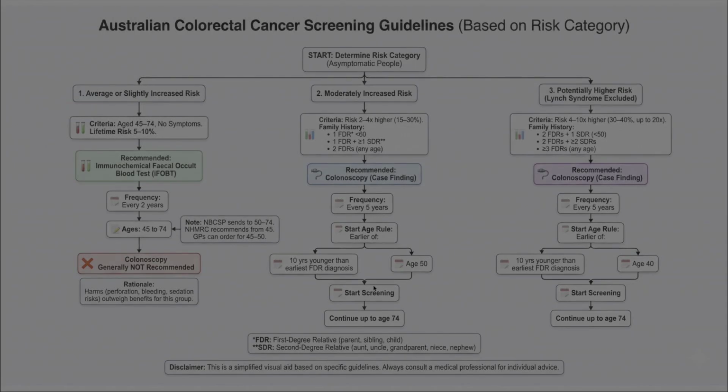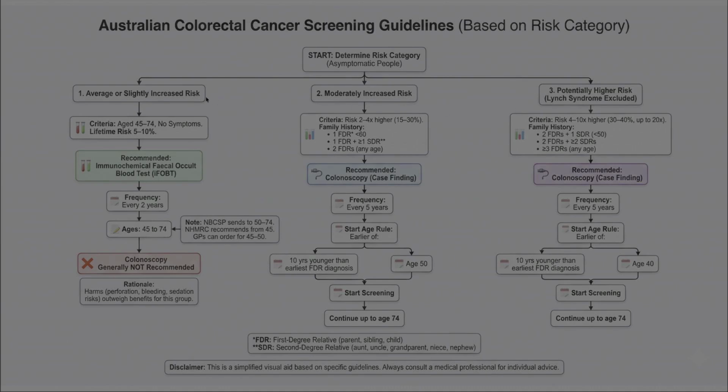To solve this, we need to deep dive into this flowchart because this is where the decision making actually happens. The guideline divides patients into 3 lanes. Lane 1 is average or slightly increased risk. Lane 2 is moderately increased risk, and lane 3 is potentially higher risk.